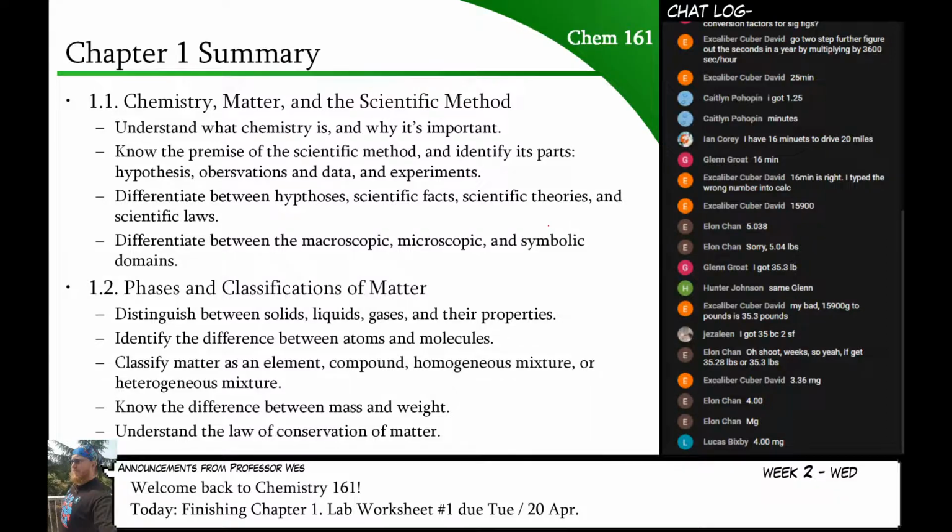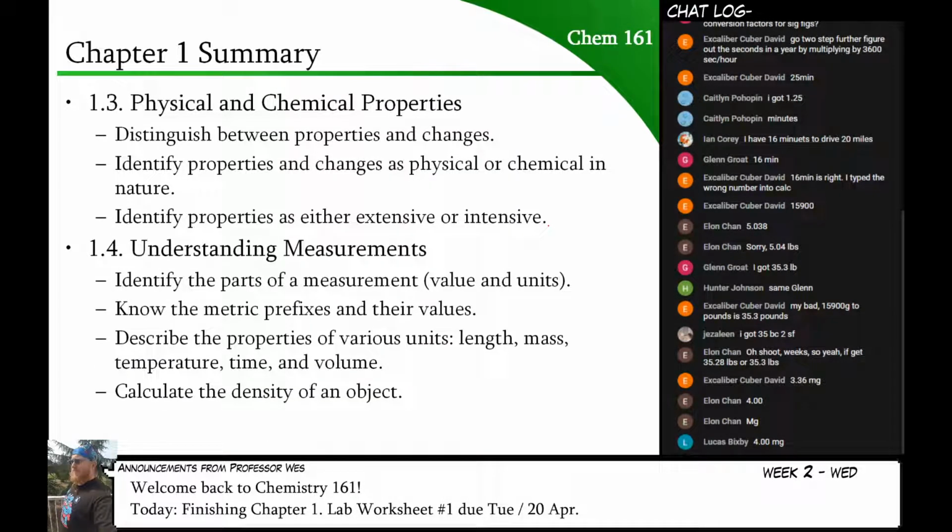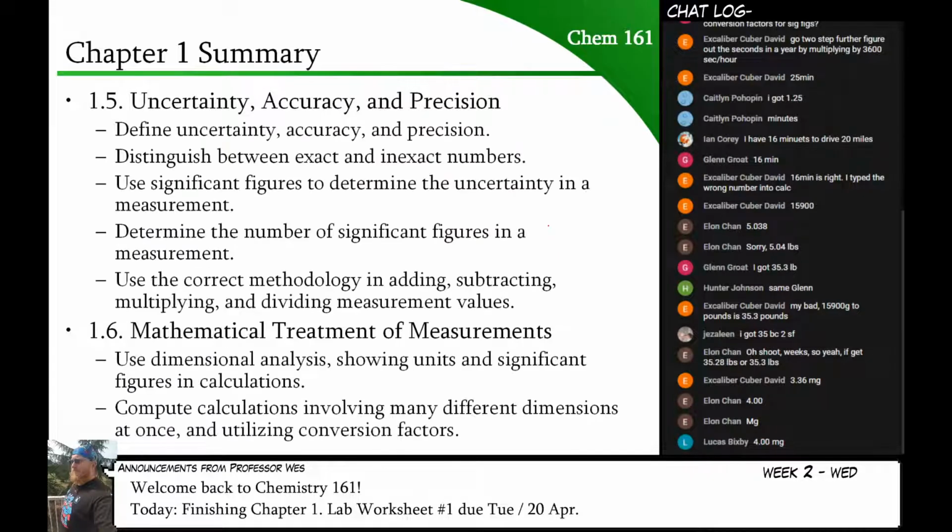So like section 1, when we talk about the scientific method, those are the important topics. We talked about classifying phases of matter. Those are the important topics. So if you know all these things, there are a lot of things. This is why this chapter took 2 weeks. If you know all of these things, you will do just fine on the quiz. Okay.